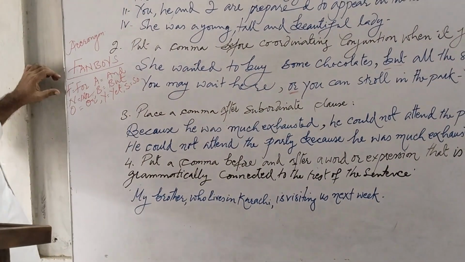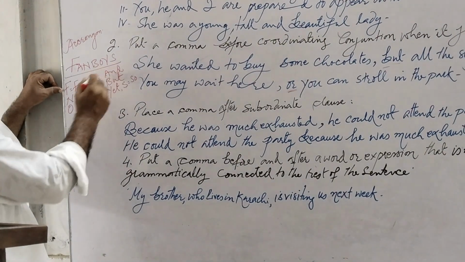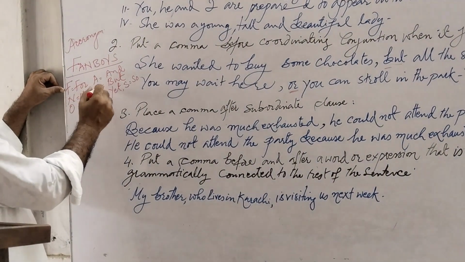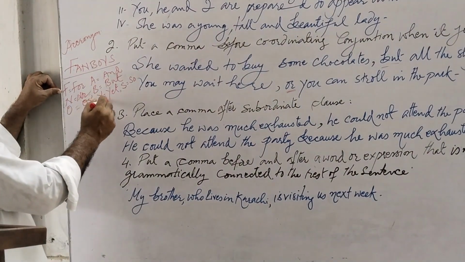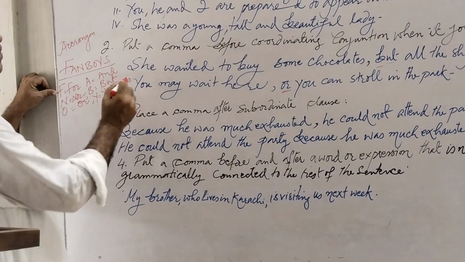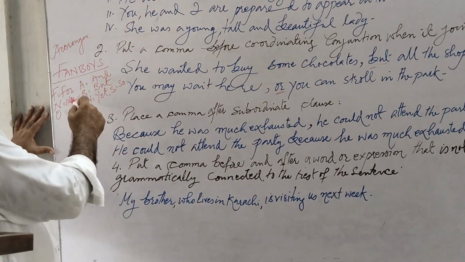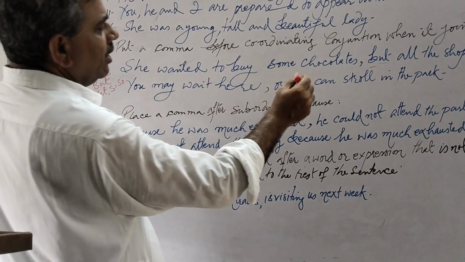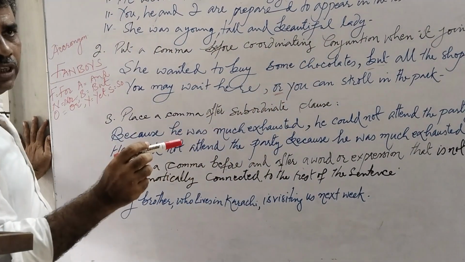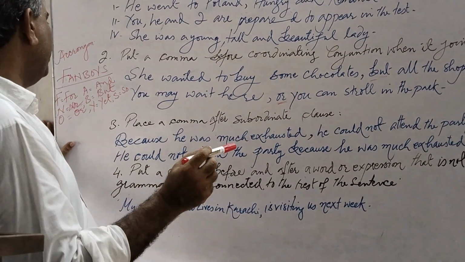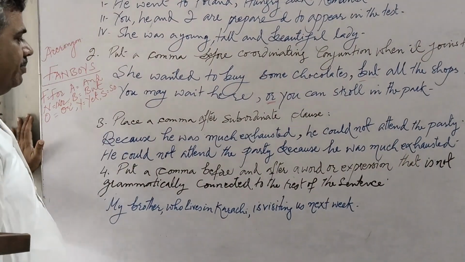F stands for for, A stands for and, N stands for nor, B stands for but, O stands for or, Y stands for yet, and S stands for so. So these are FANBOYS. FANBOYS means all the coordinating conjunctions which we can use to join two independent clauses are described here. You can remember them by remembering this acronym.